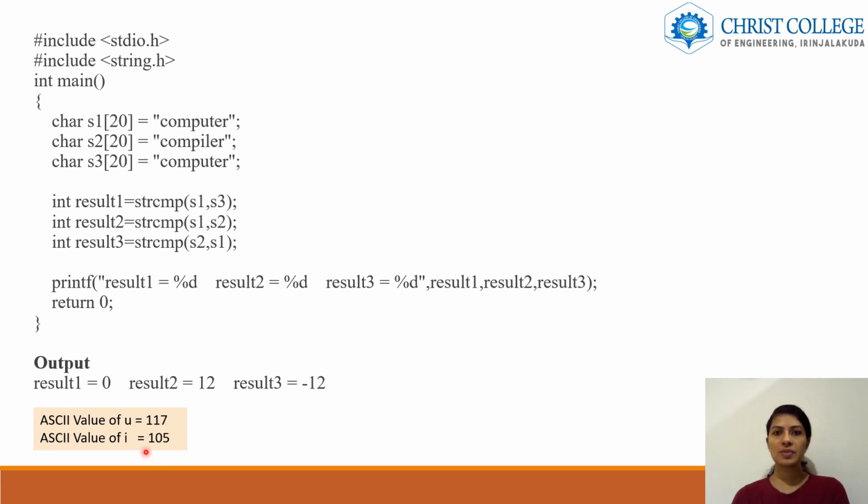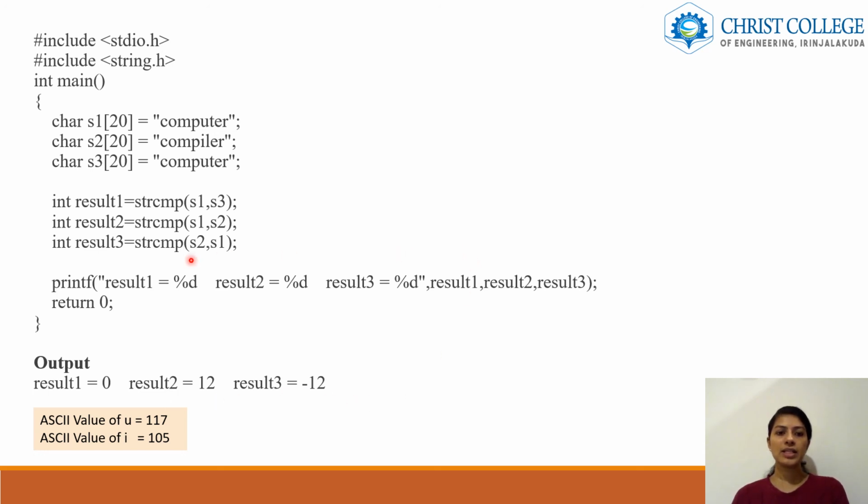ASCII value of small I is 105. Now strcmp function will subtract 105 from 117 and the result is 12. So we can see that result 2 is 12.